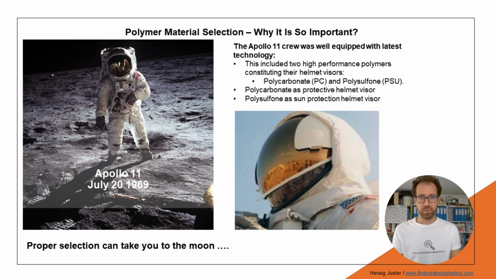The crew themselves were equipped with the latest technology. When you look at their helmet, there were two major polymers responsible for protecting the head. On the one hand, we had polycarbonate as the protective helmet visor inside, and on the outside polysulfone as a sun protection helmet visor.